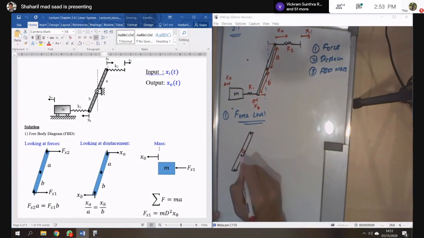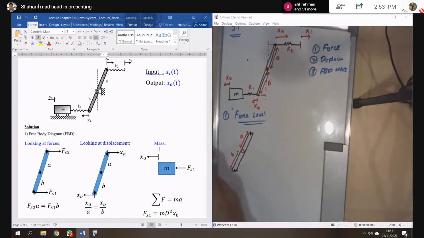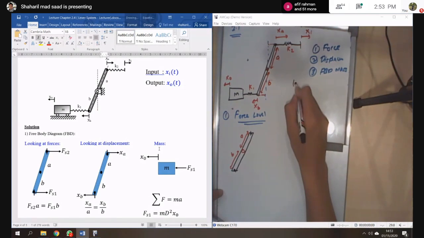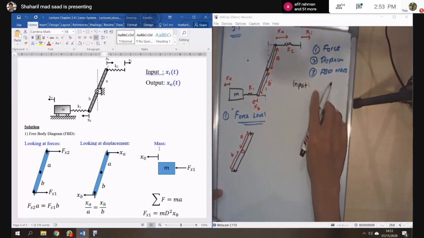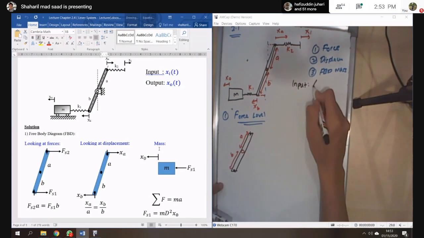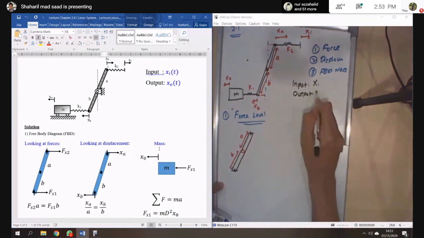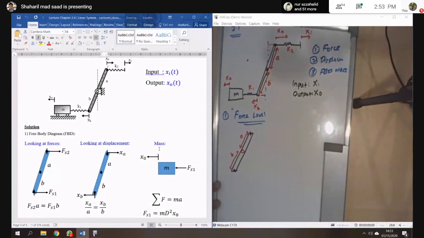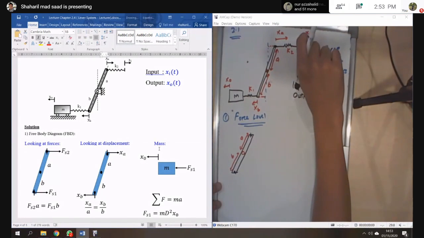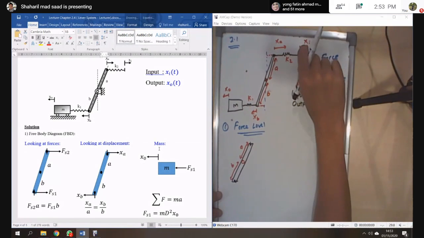If you have any question, you can stop me and ask. So we want to look at the force that applies. In this example, the input now is Xi, and the output is S0. So you need to look at the input first, that means your Si.